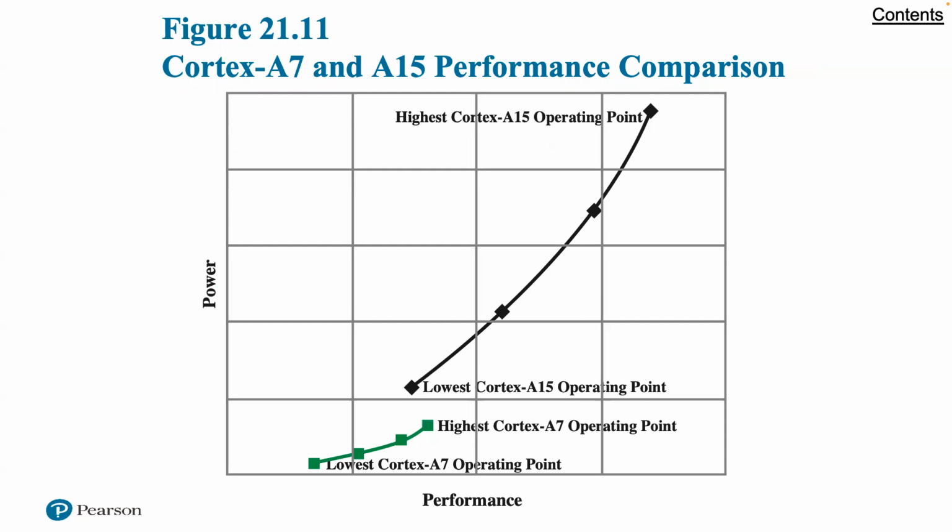Across a range of benchmarks, the Cortex-A15 delivers roughly twice the performance of the Cortex-A7 per unit megahertz, and the Cortex-A7 is roughly 3 times as energy efficient as the Cortex-A15 in completing the same workloads.